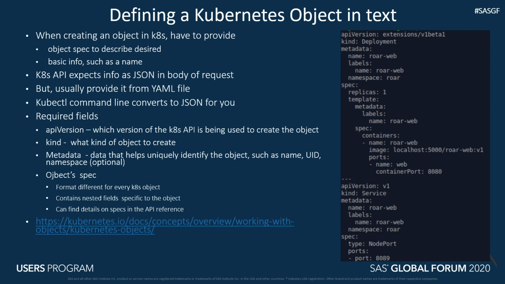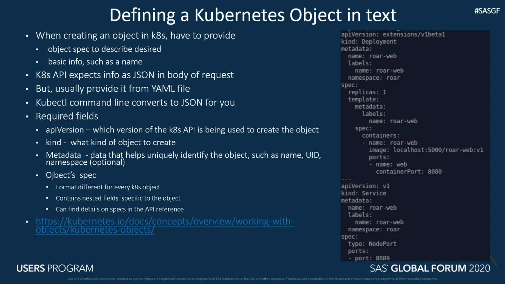Is it just a pod definition? Is it a service, and so on? And then we have metadata about the object. Typically, this would be things like the name we want to assign it in the system and the label, perhaps, that we're using to select it or search for it in the system. It can even be a namespace that we want to run it in.